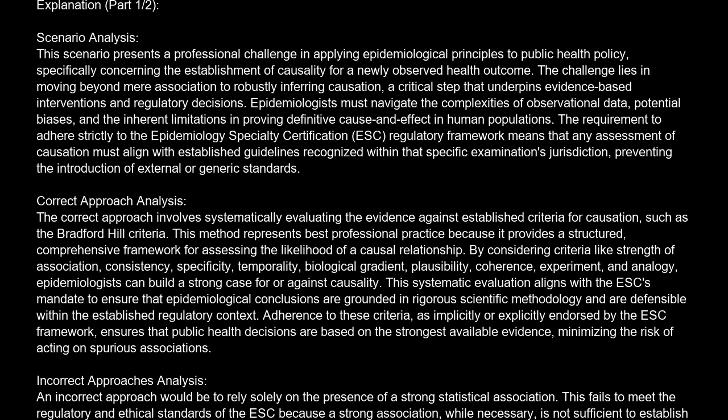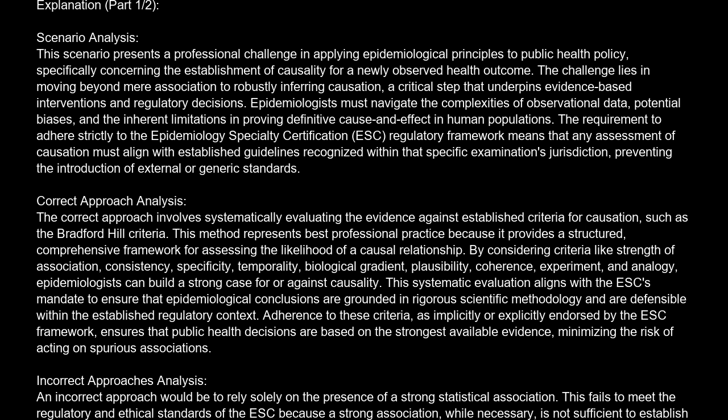This method represents best professional practice because it provides a structured, comprehensive framework for assessing the likelihood of a causal relationship. By considering criteria like strength of association, consistency, specificity, temporality, biological gradient, plausibility, coherence, experiment, and analogy, epidemiologists can build a strong case for or against causality.